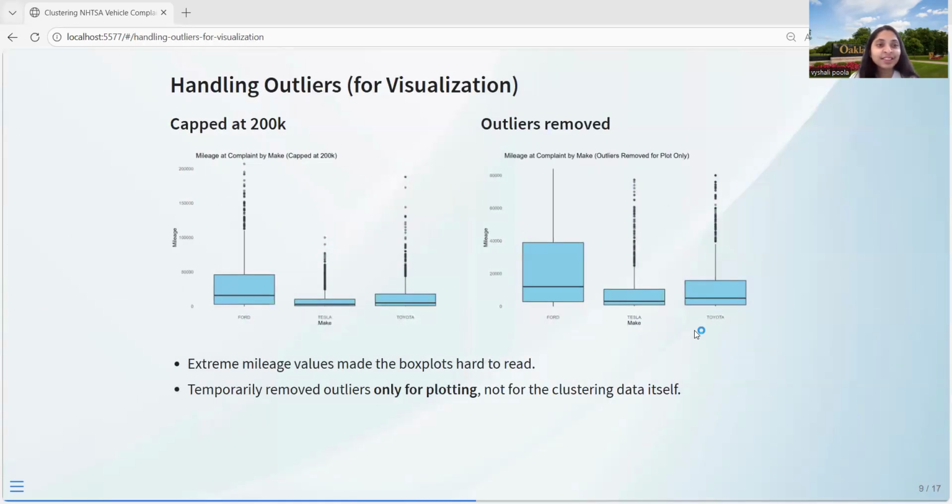Next, since the raw mileage values included extreme outliers, I adjusted the visualization so the plots were more readable. It's important to emphasize that this was done only for visualization. The clustering model uses all the actual uncapped mileage values.